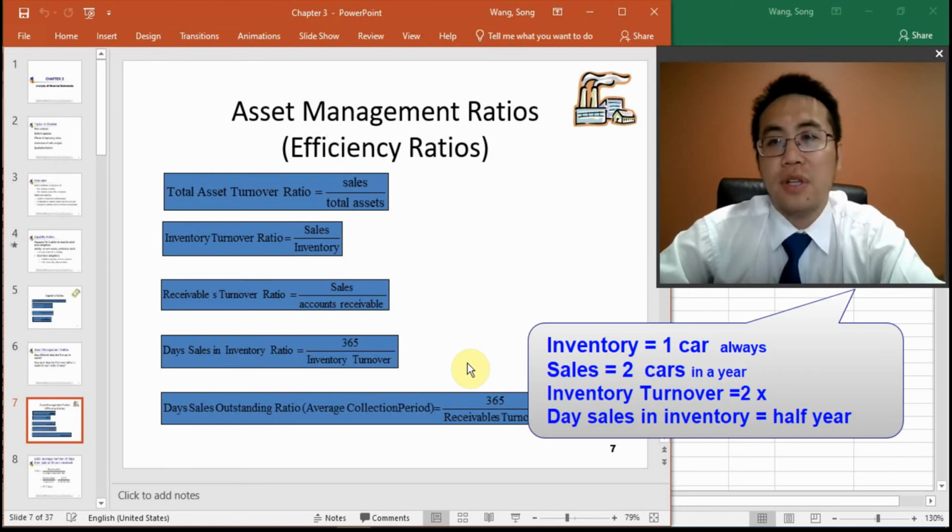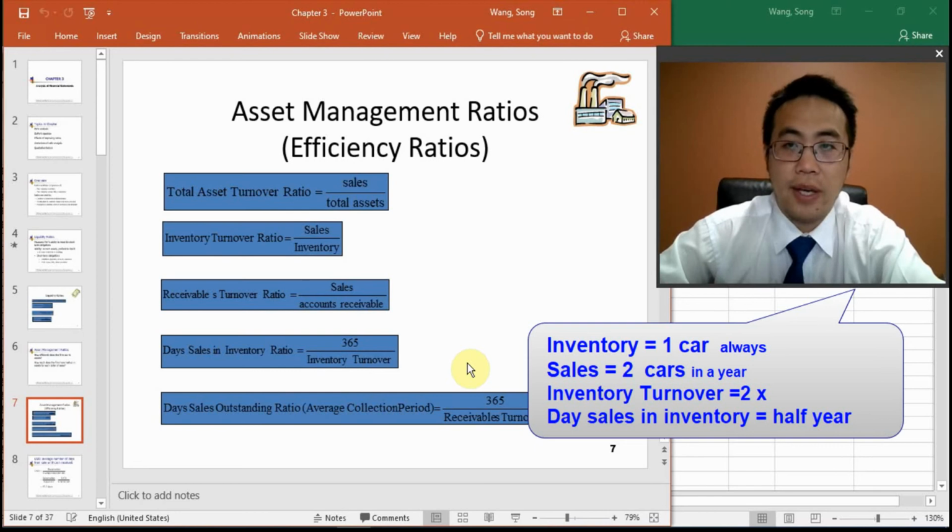If you sell 2 cars during the whole year, then your inventory got replaced twice during the year. So that takes on average 182.5 days to replace your inventory once. So that is inventory turnover and days sales in inventory.